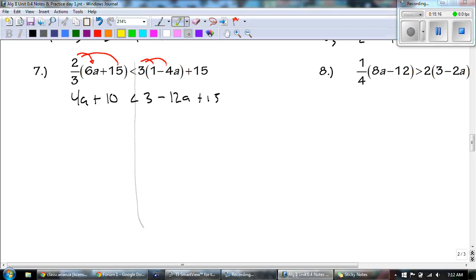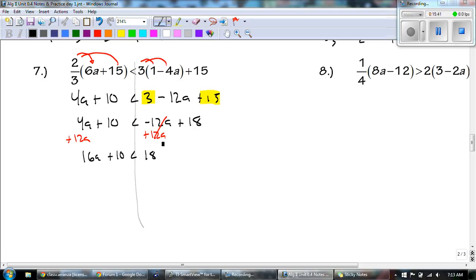All right, now let's go ahead and combine our like terms, only on the left-hand side, or the right-hand side. Negative 12a plus 18. Move the smaller variable, so I'm adding the 12a to both sides. And we get 16a plus 10 is less than 18.